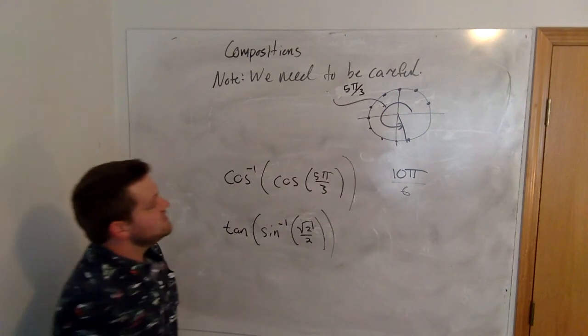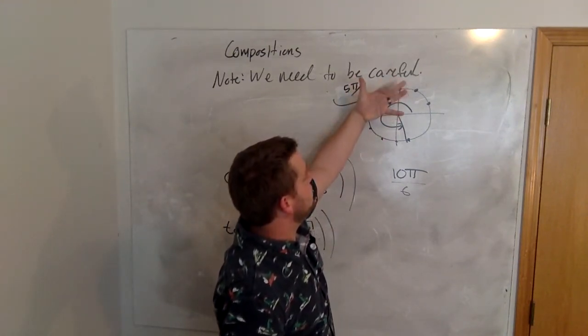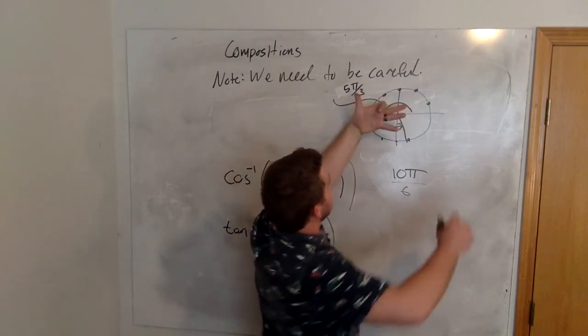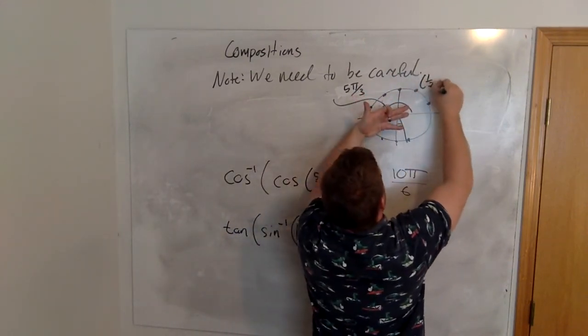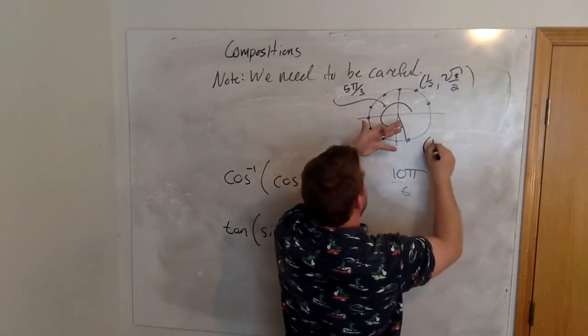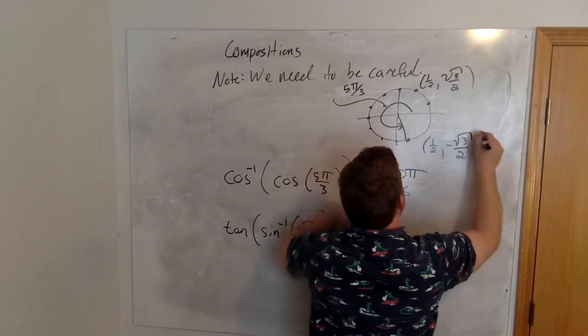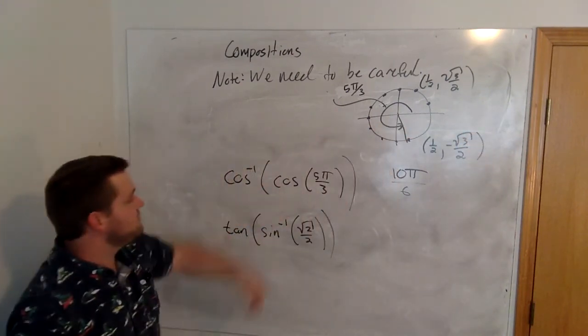Let's think about what the x and y coordinates are. Well, this will be the same as when we put on our pi over 3 finger in the first quadrant. So the coordinates here are 1/2 and root 3 over 2. The x coordinate is positive, the y coordinate is negative, negative root 3 over 2. So what is cosine of 5 pi over 3?